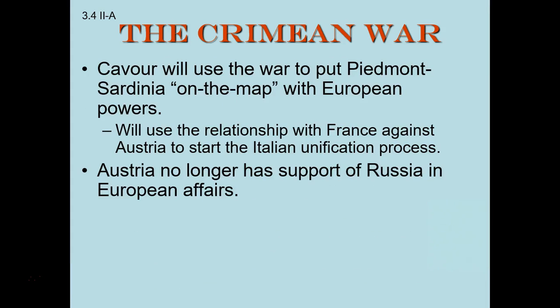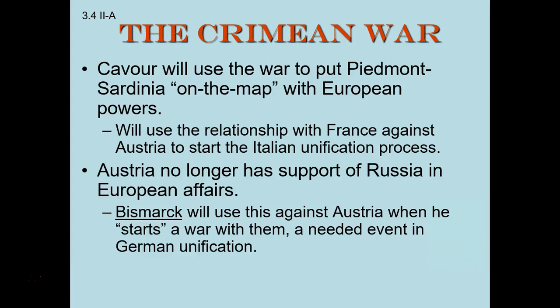One of the points that I skipped forward to a little bit in class, and that I think is important to note when we compare Camillo Cavour and Otto von Bismarck, is a key similarity: they will both use this war to their advantage and to meet some political ends.